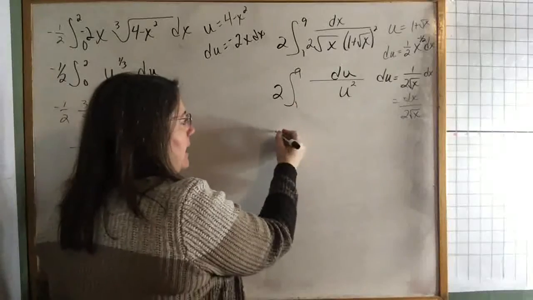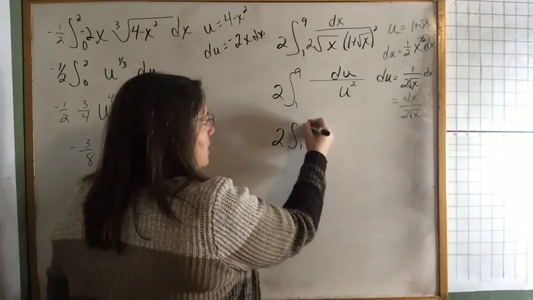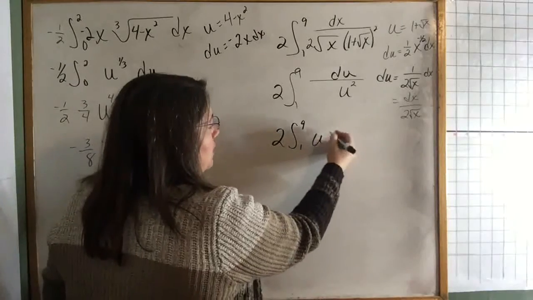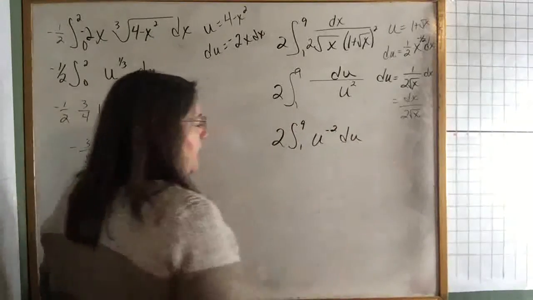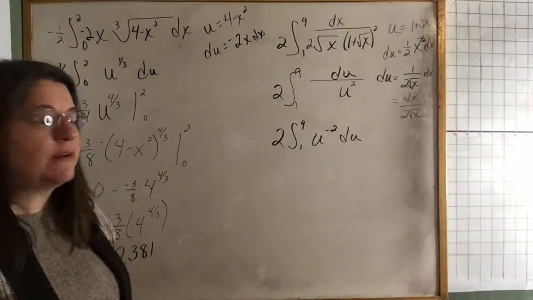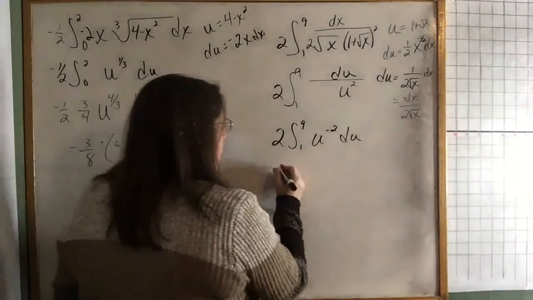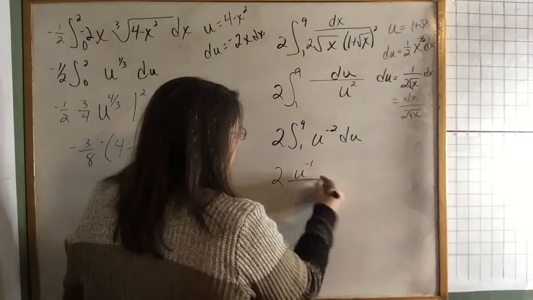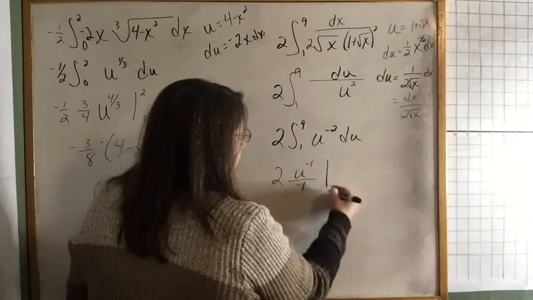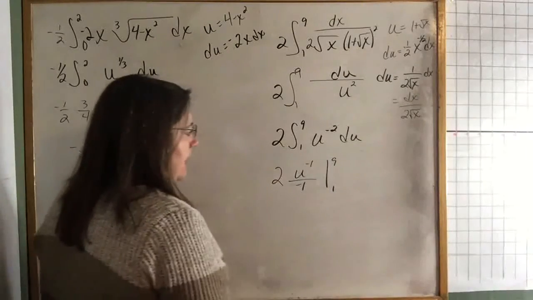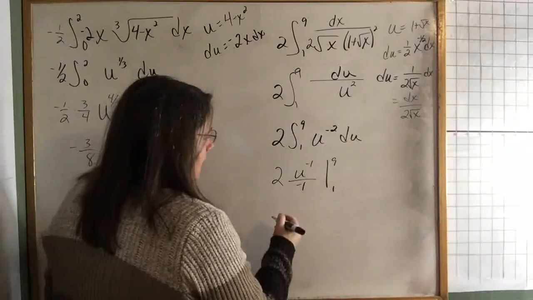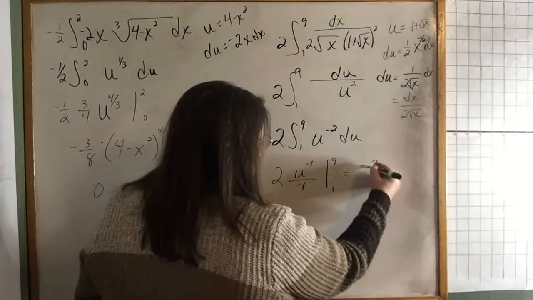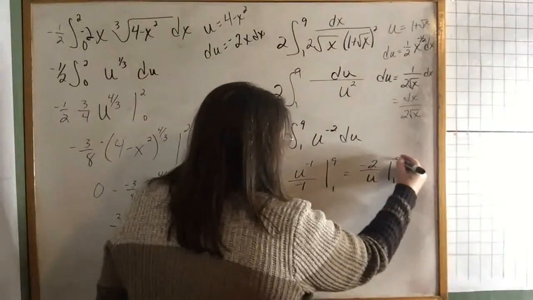I will do a rewrite. That's 2 times the integral from 1 to 9 of u to the negative 2 du. And now it's really easy to take the antiderivative. If I add 1 to the exponent, I will have negative 1, and that is u to the negative 1 over negative 1 from 1 to 9. Understand that is the same thing as negative 2 over u from 1 to 9.